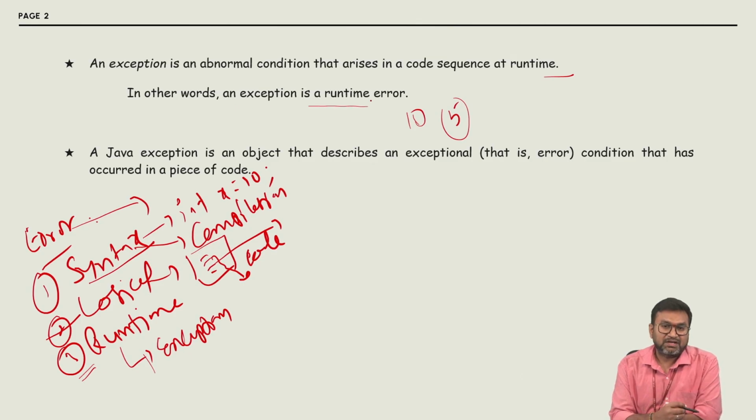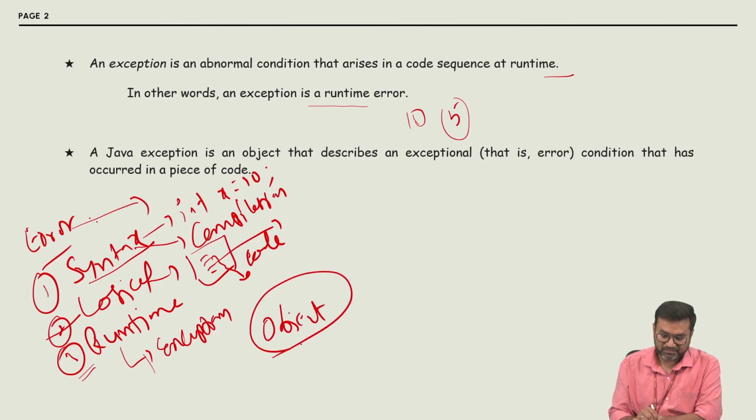It's a runtime error. And we know that in Java, directly or indirectly, everything is an object, except that we have primitive types, and for primitive types also we can represent them as objects. No problem with that. In the same way, exceptions are also objects.